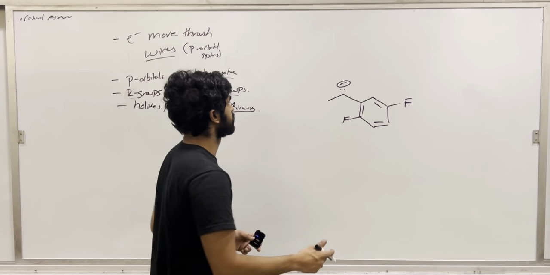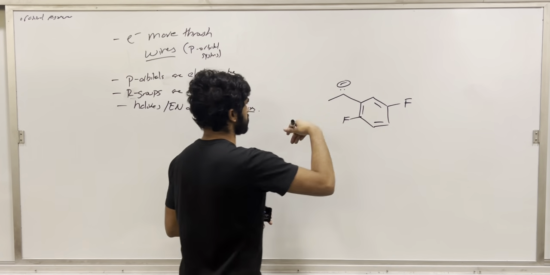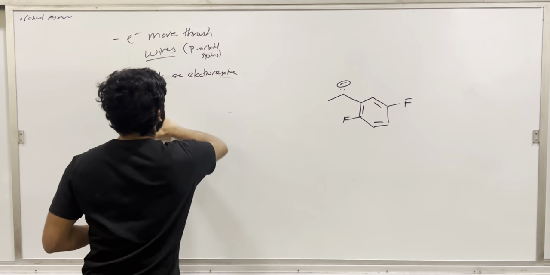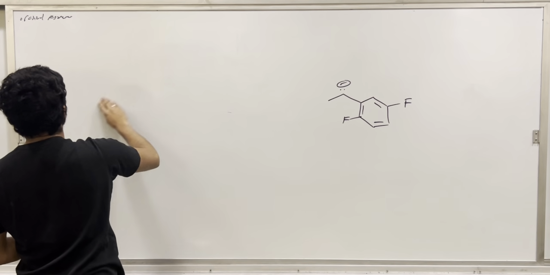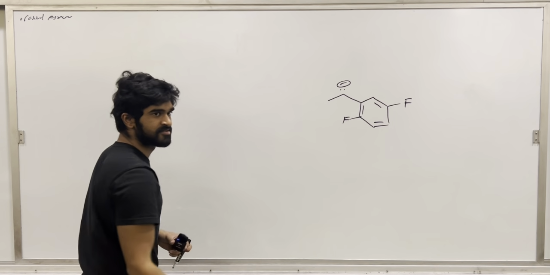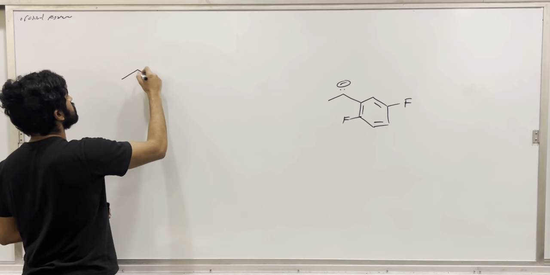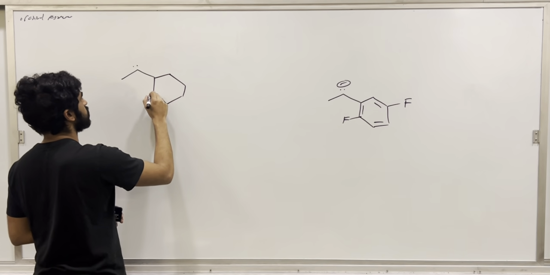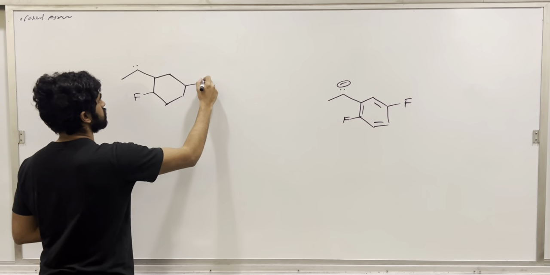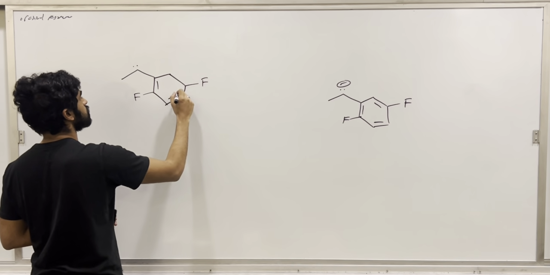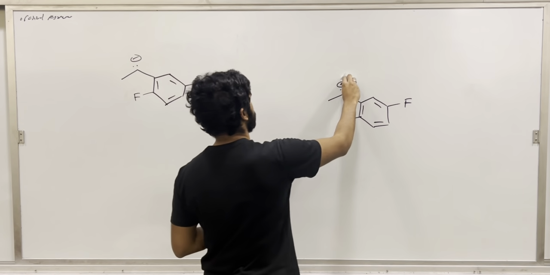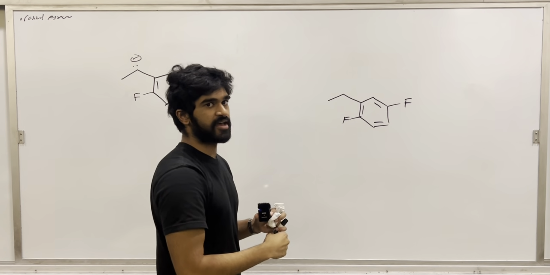Ready? I'm going to draw this over here. Can I erase this? Okay, cool. You stay there, because I also want to show you one more thing. I'm going to show you why carbocation resonance is easier than carbanion resonance.